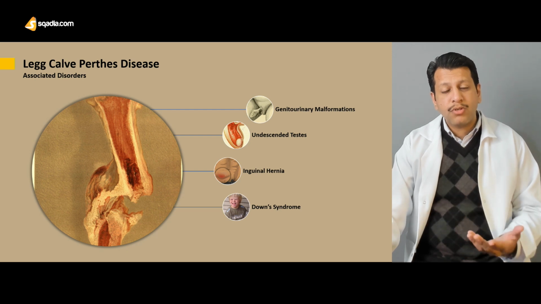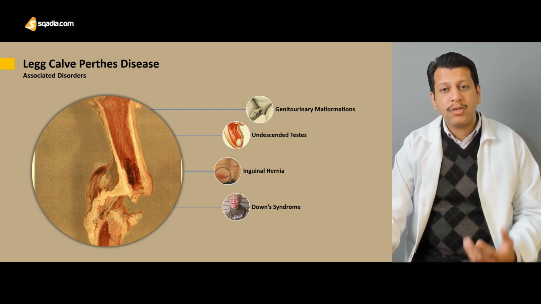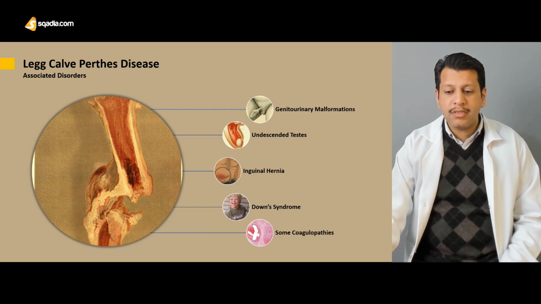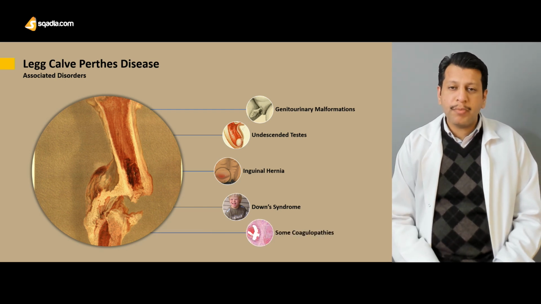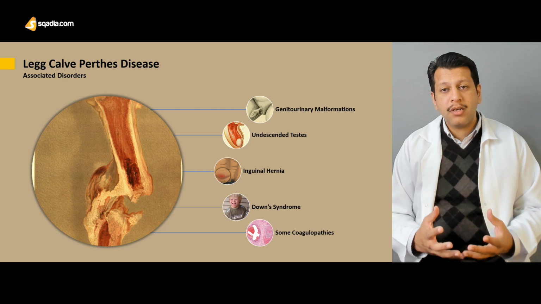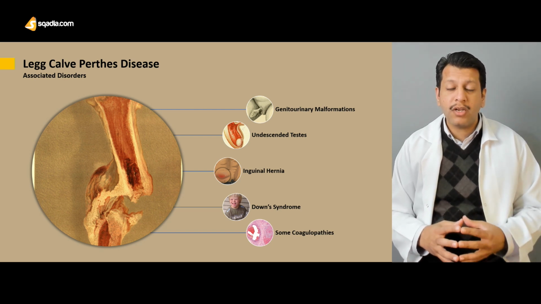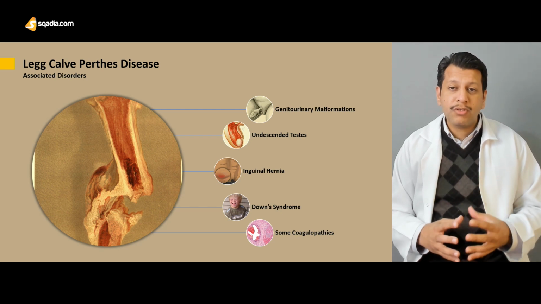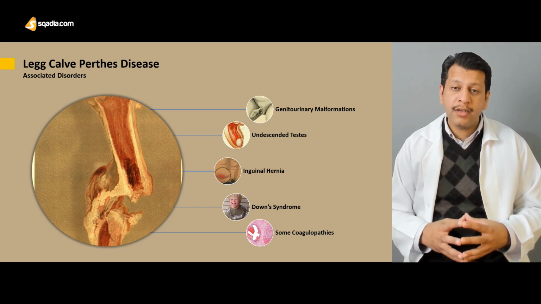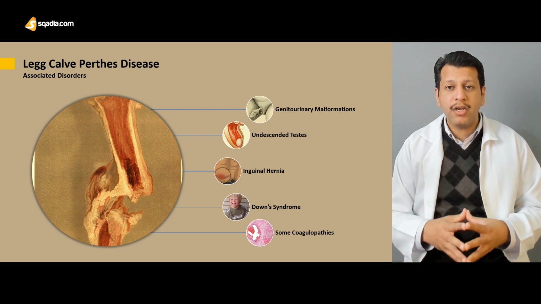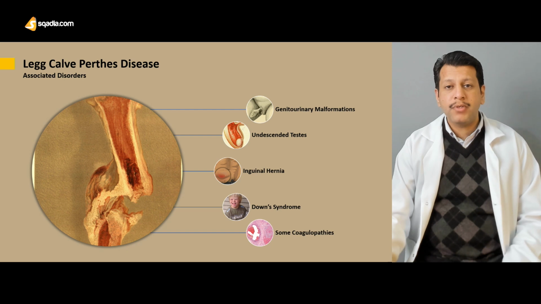Similarly, they also have an association at the hip level, with increased chances of developing LCPD. And certain coagulopathies, for example, protein C and S deficiencies, may be involved etiologically in the vascular insult which may occur to the head. When this shift of vascular supply takes place, this will eventually lead to Legg Calve Perthes disease.